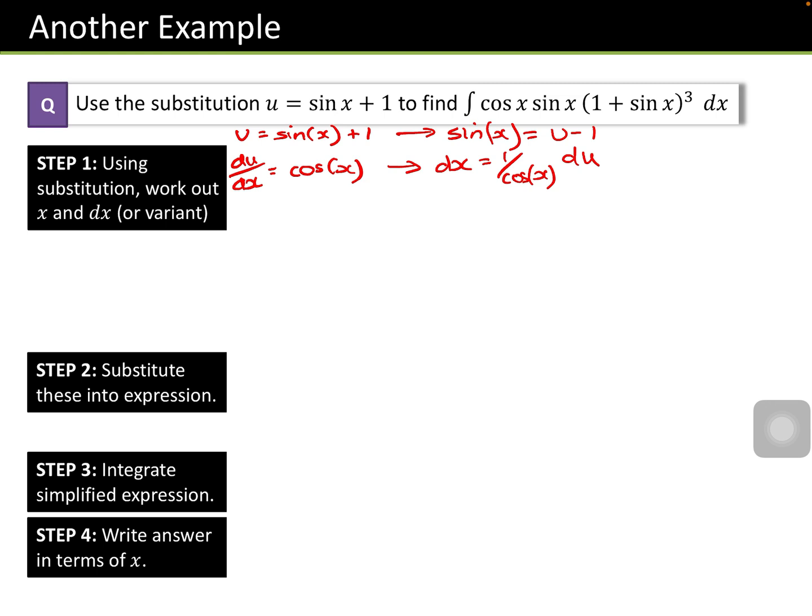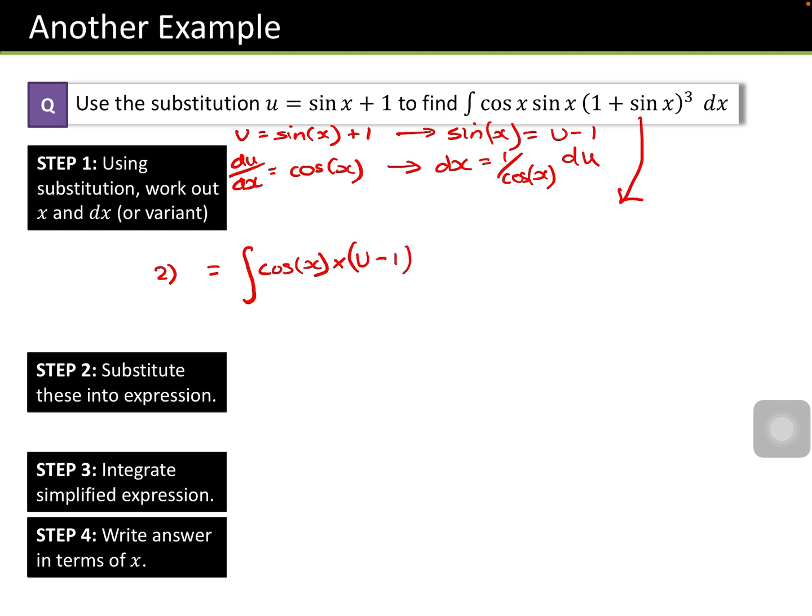So I substitute back in to my original function. Okay, so this is step 2, just a little bit higher up. So we're going to substitute back in. So the integral, now I've got nothing for cos x at the moment, so I'm just going to leave that as cos x in the hope that that will simplify back out later on. Okay, sin x I know is u minus 1.